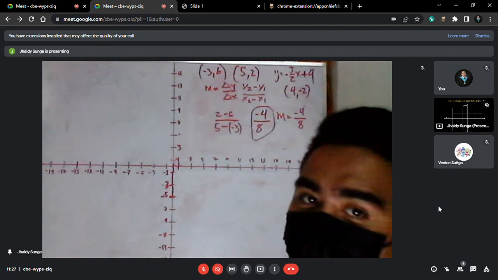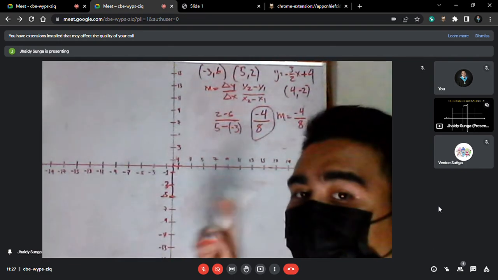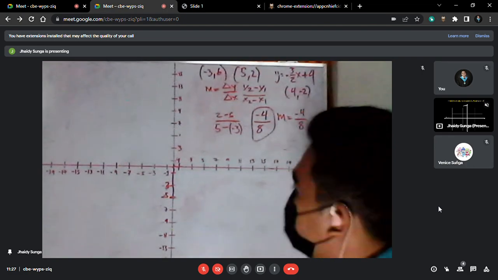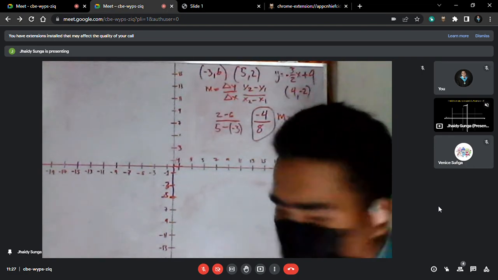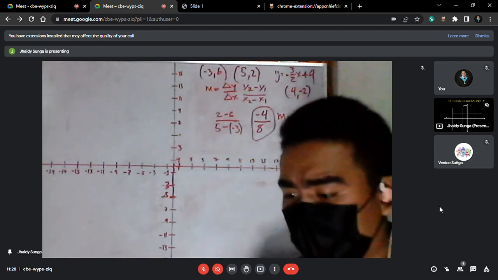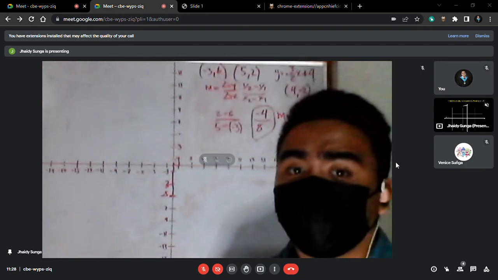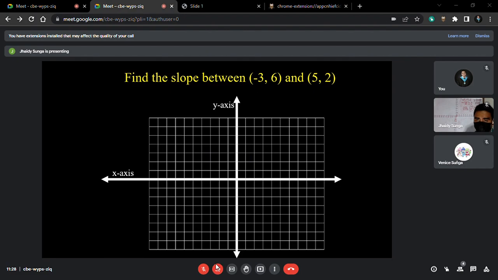It's up to you if you are going to find the lowest term. Now we are going to know if this slope is in our graph. How are we going to graph this slope? As from the presentation, once again, this is our negative 3 and 6.